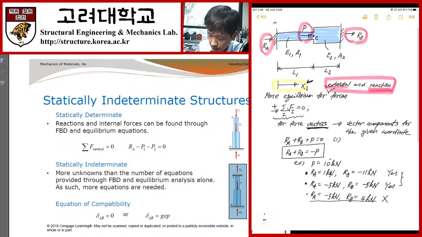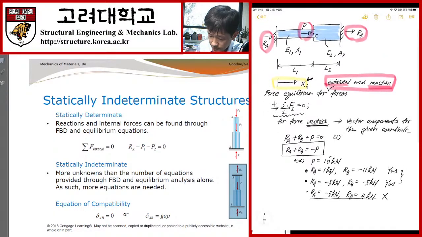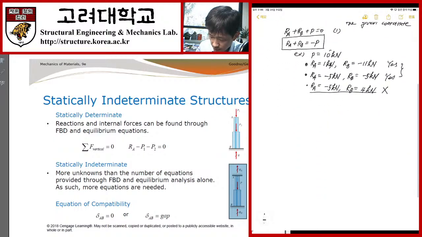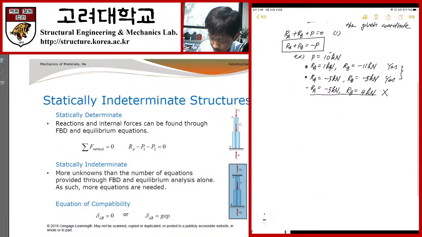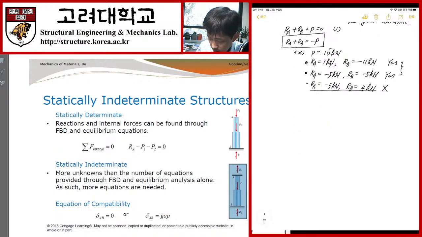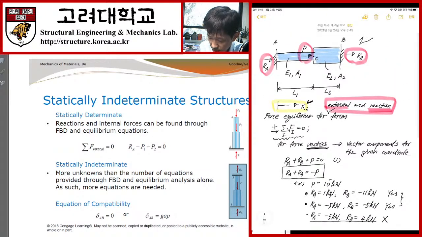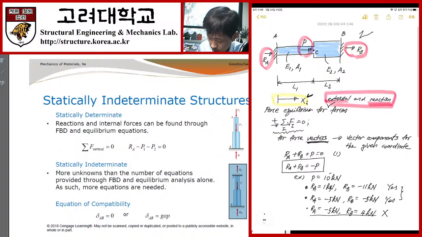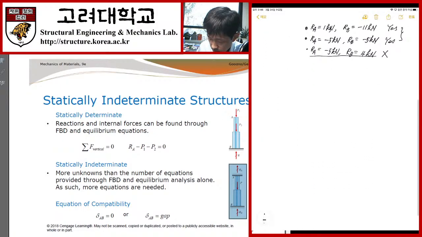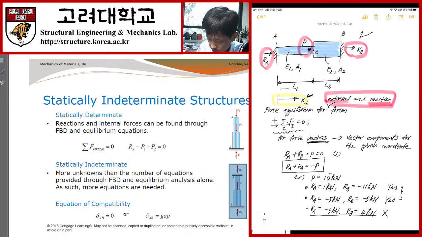Alright, and then let's try to solve this problem. First, I want to simplify the problem in this way. Because the drawing is too detailed, instead of using this, I want to consider a simplified diagram.